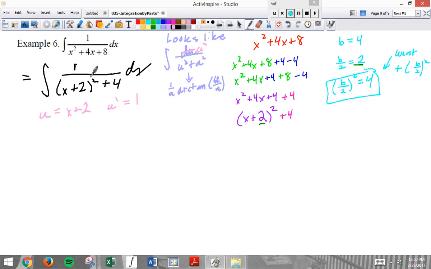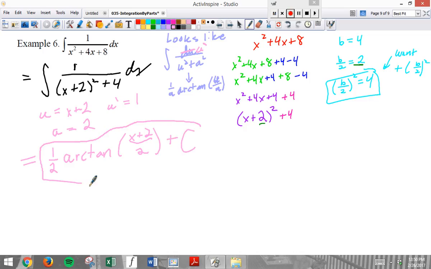Excellent. Thing to hook off there. And a would have been, if this is a squared, 2. And then it is just arctan. So 1 over a arctan of x plus 2, that's u over a, plus capital C. Bingo bango.